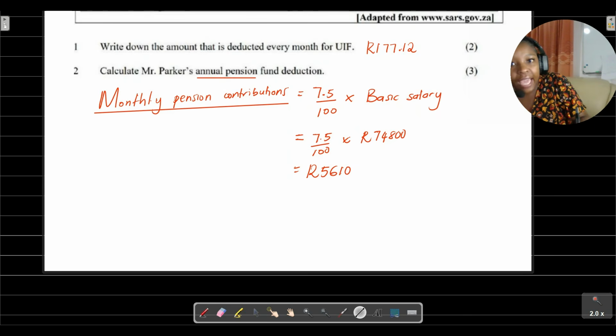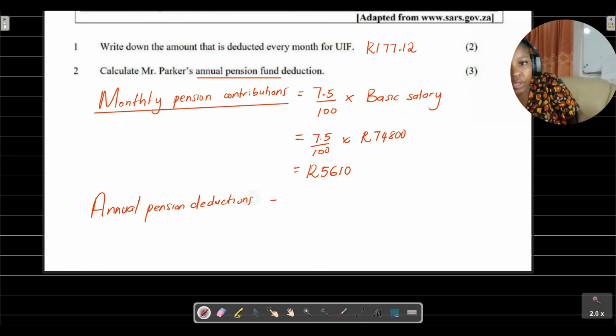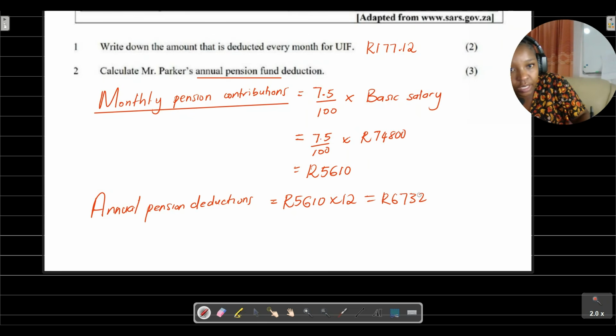But remember, this is just the monthly pension contributions. They ask for the annual pension fund deductions. So to get the annual pension contributions, what do we need to do? 5,610 multiplied by 12 will give us 67,320.